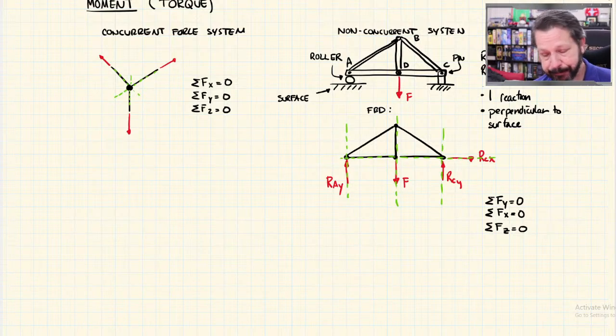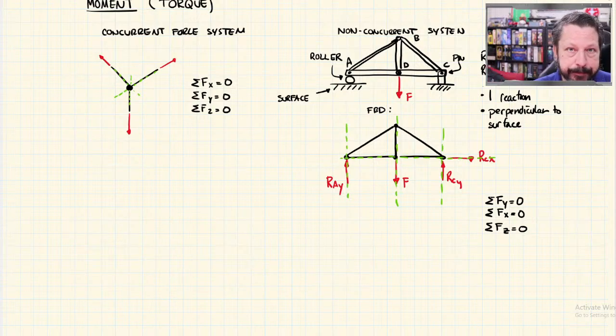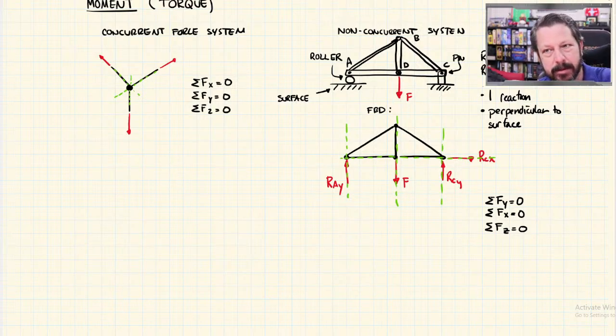So for instance, if I lift it up at A, then the truss could lift up around C. I don't want that to be an option. It could do all of that, and none of these equations would be violated. It's still not moving in Y. It's still not moving in X. Like maybe an individual point is changing its X coordinate, but it's not accelerating in that direction or whatever.